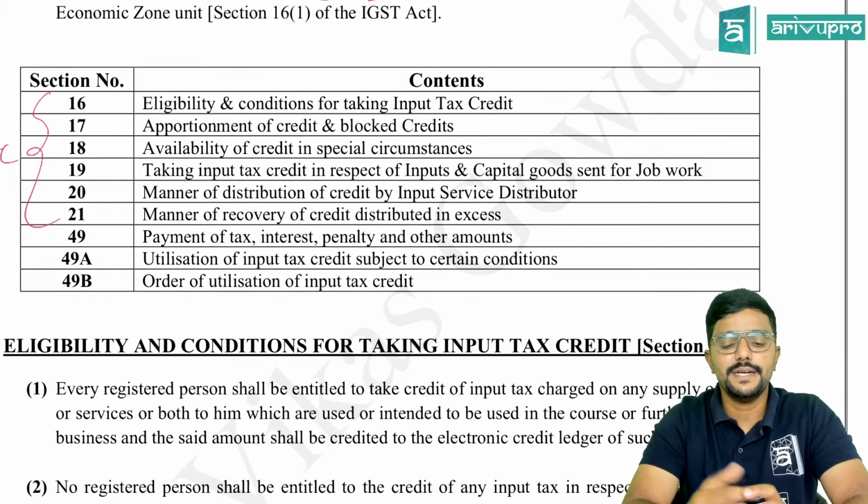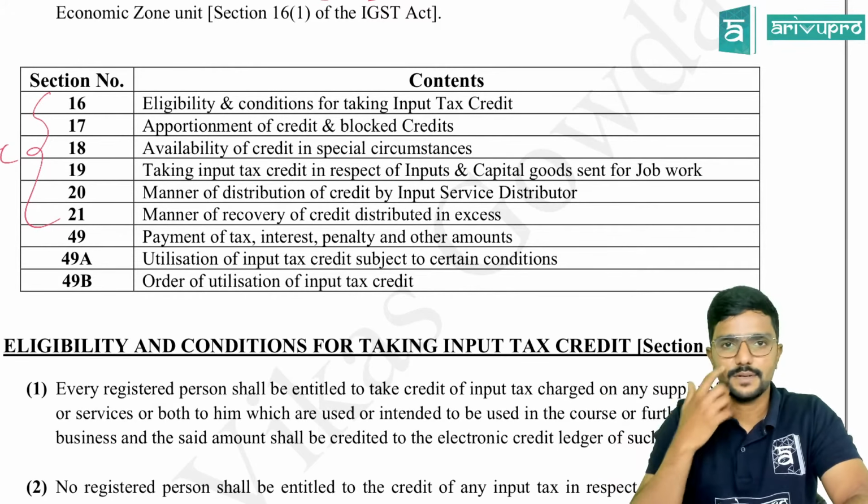So in the content you write eligibility and conditions for taking input tax credit, meaning to claim by the recipient.